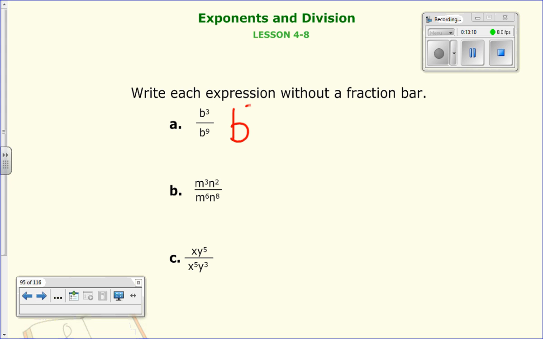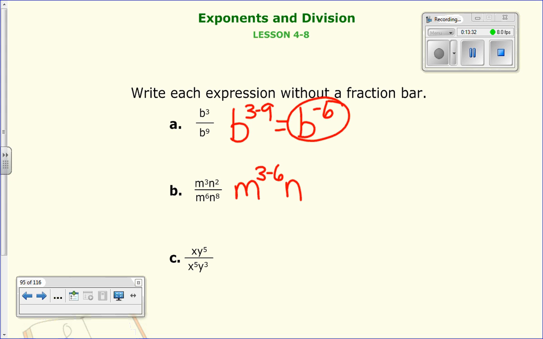Well, we have b cubed minus b to the 9th, and I get b, well, 3 minus 9. That'd be b to the -6th. All right, now we can look at b here. And we have m cubed times n squared divided by m to the 6th times n to the 8th. Well, I'm going to do the same thing. I can do the m's, do 3 minus 6.